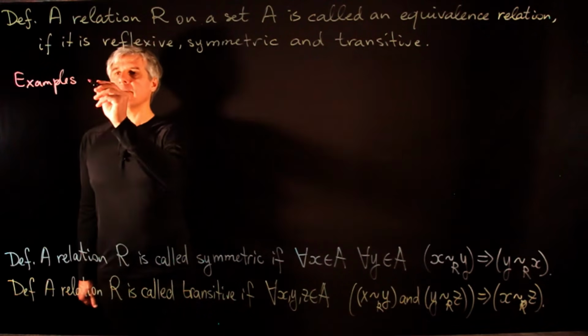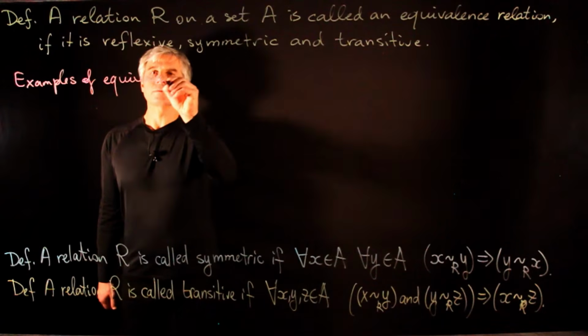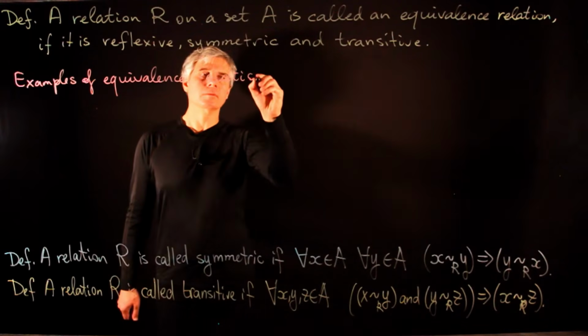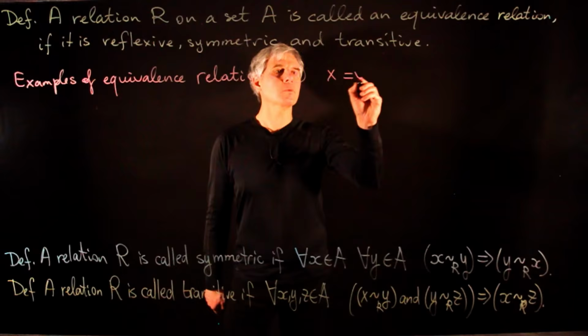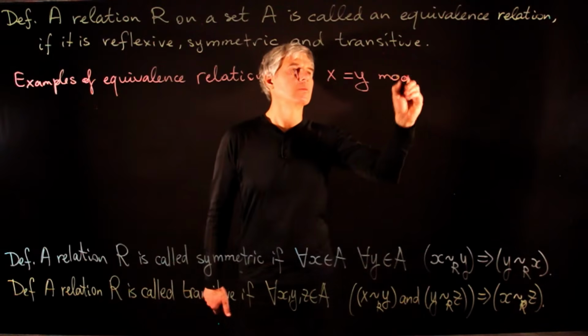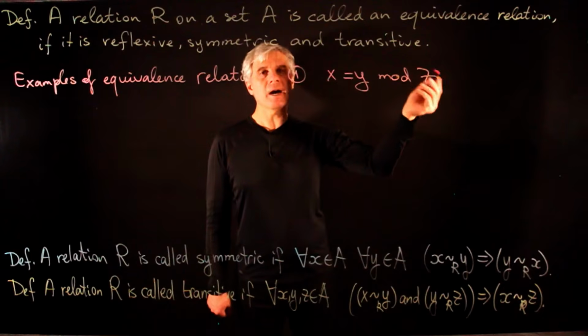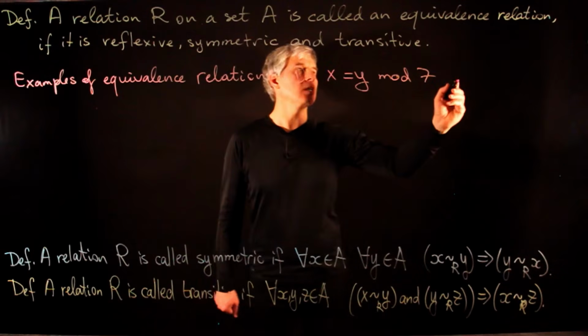Let us give examples of equivalence relations. Well, our first example is x is equal to y mod 7. Clearly we can replace 7 with any other base and get another equivalence relation on the set of integers.